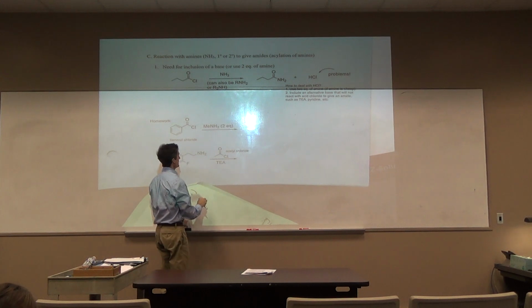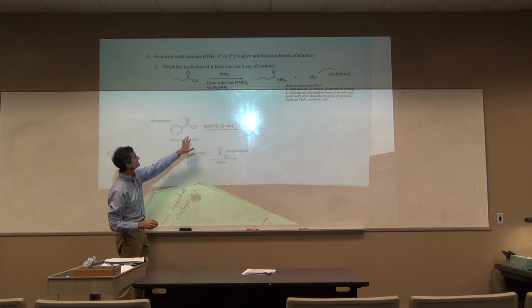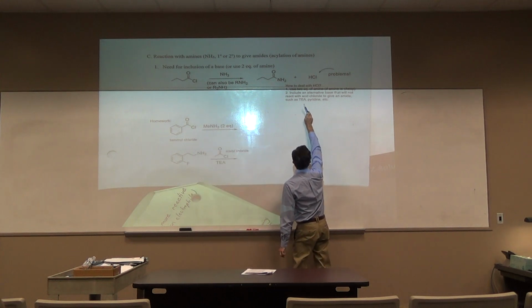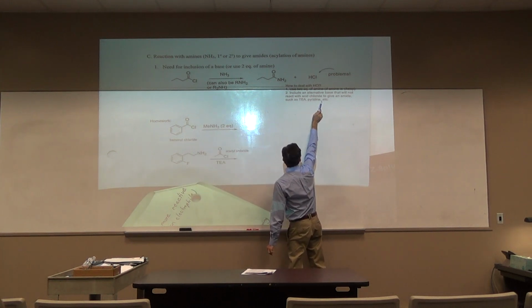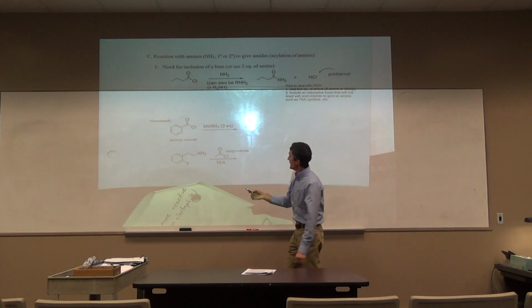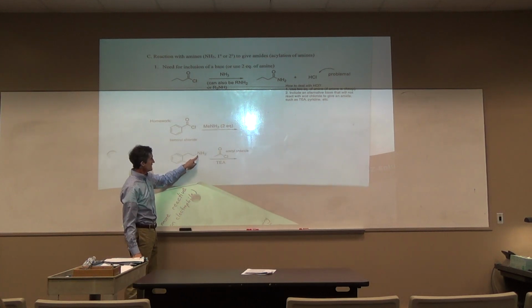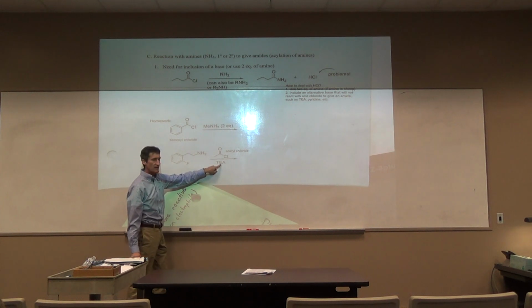Now down here, instead of using 2 equivalents, we could do number 2. Here, we have an amine, but we did not use 2 equivalents. Instead, we added a different amine to act as the base, triethylamine.